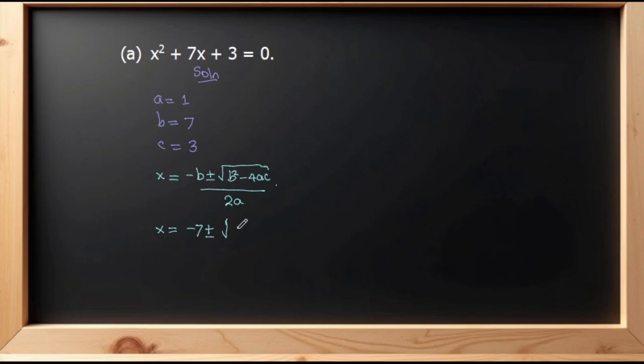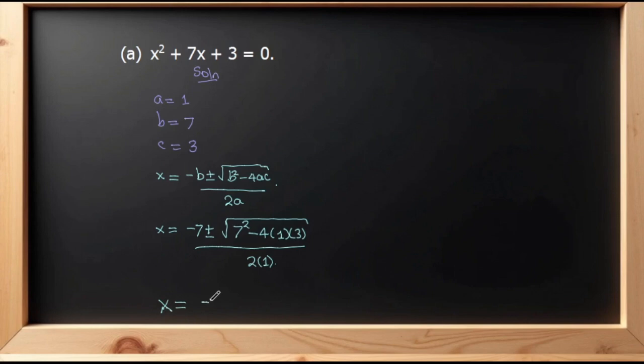So b is positive 7, so we square this 7, minus 4 times a, and a is 1, times c, and our c is 3. Then we divide everything by 2 times a, and our a is 1.